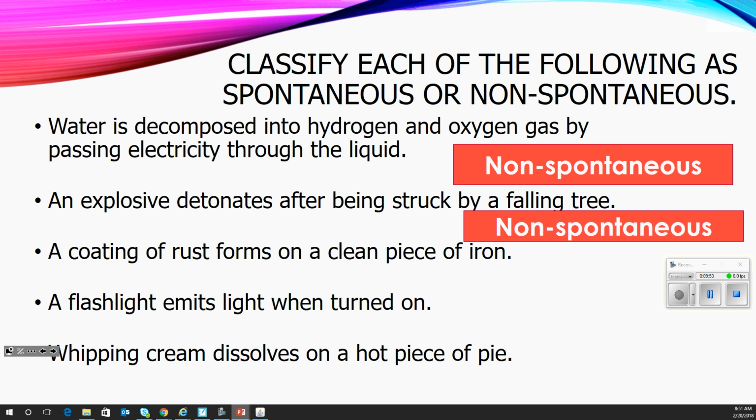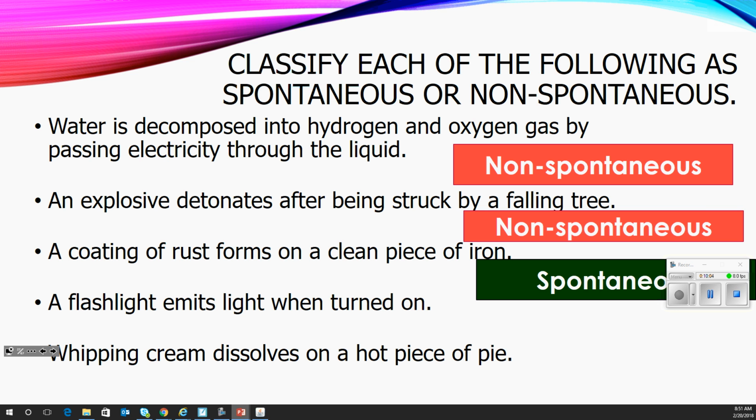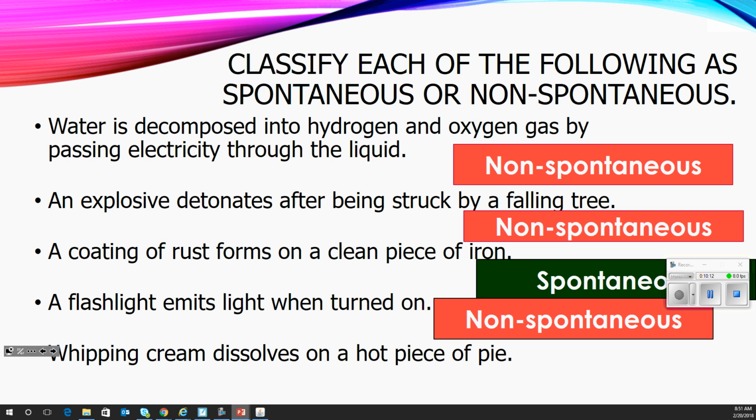Non-spontaneous because the tree had to fall to get it to go. Okay? How about a coating of rust forms on a clean piece of iron? That will actually happen. Yep, spontaneous. What about a flashlight emits light when turned on? Non-spontaneous because you had to do something, right?